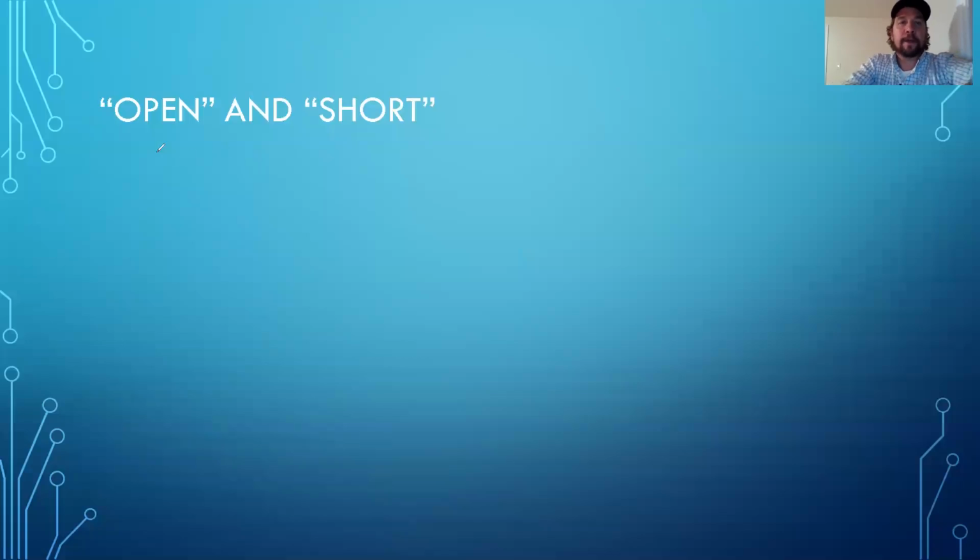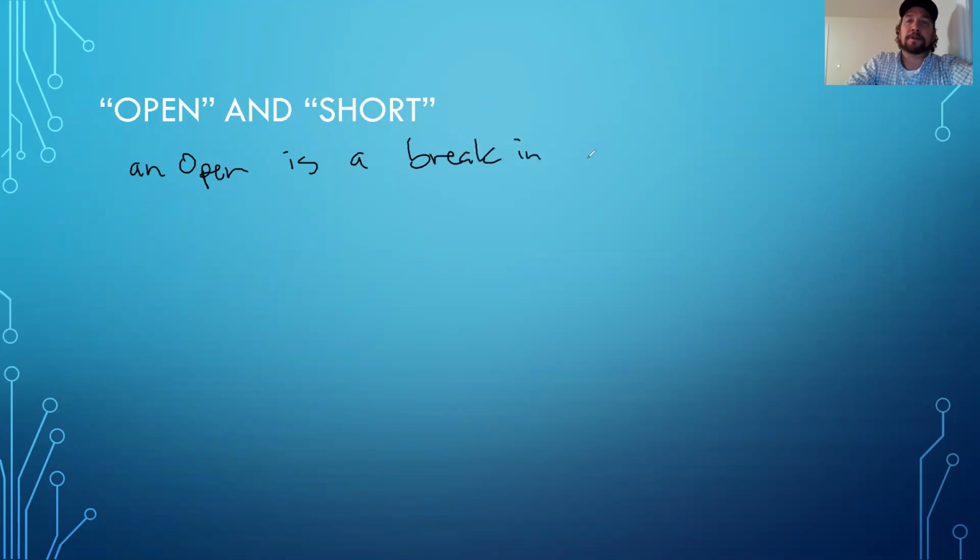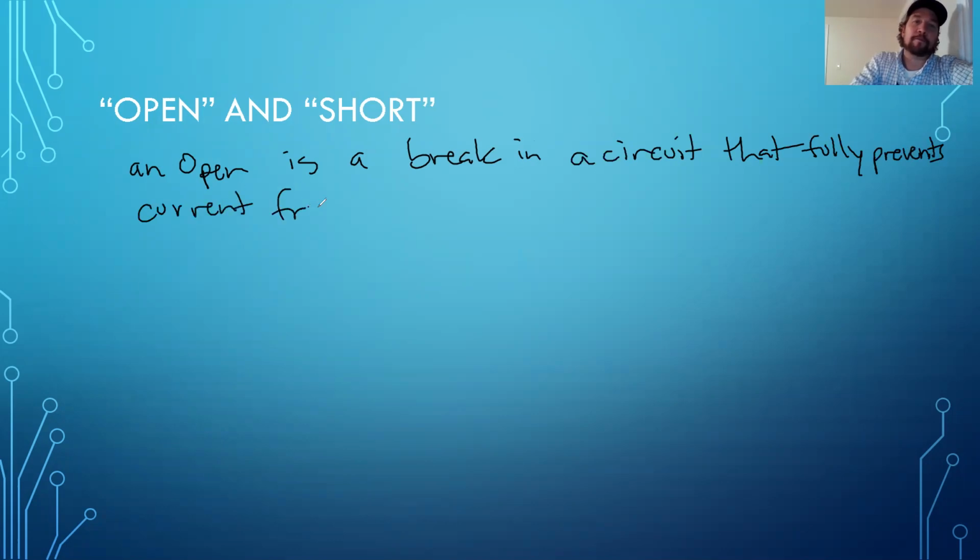All right. So an open is a break in a circuit that fully prevents current from flowing.